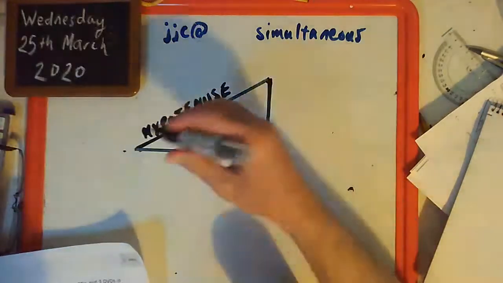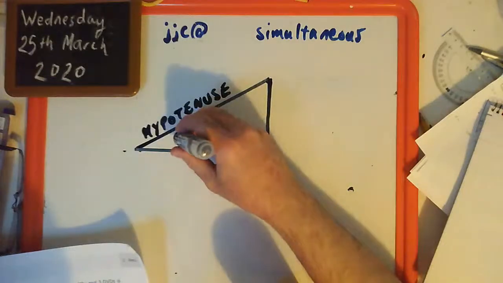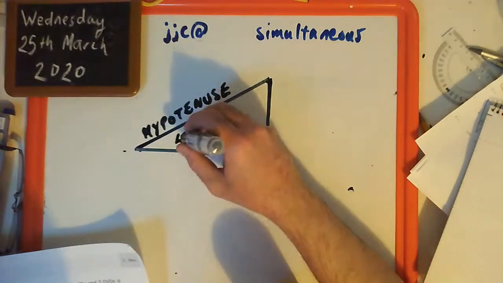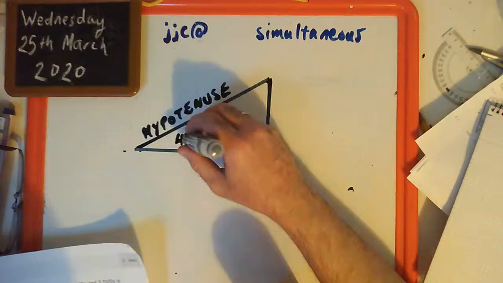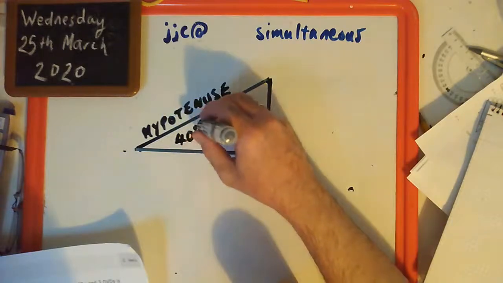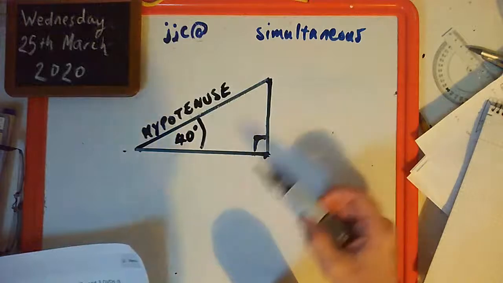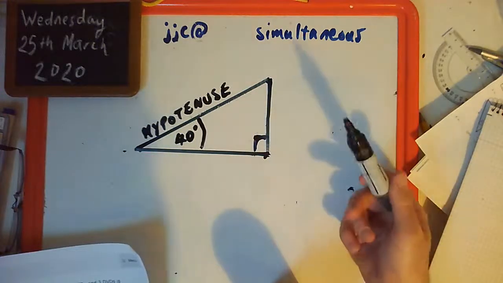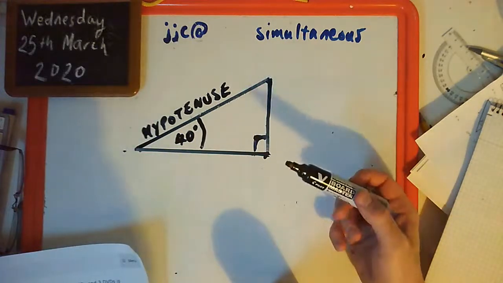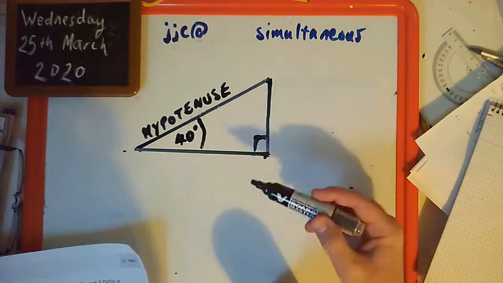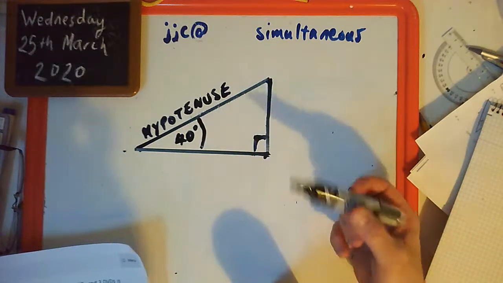Pythagoras. Okay, so there's usually some kind of an angle in the question. Let's pretend that that's 40 degrees, for example. So they might tell you the angle and you have to figure out some of the missing sides, or they might tell you all of the sides and you have to figure out the angle.